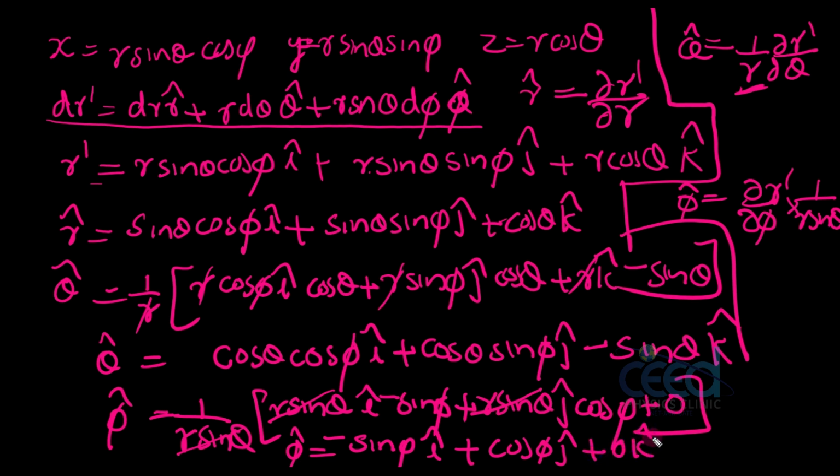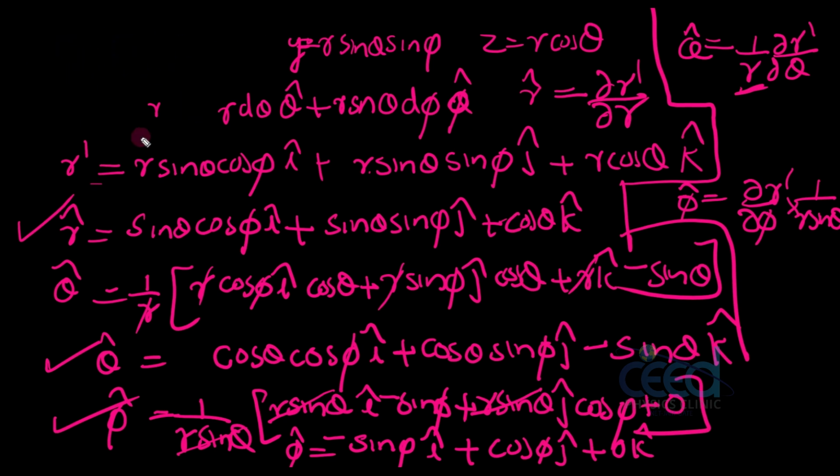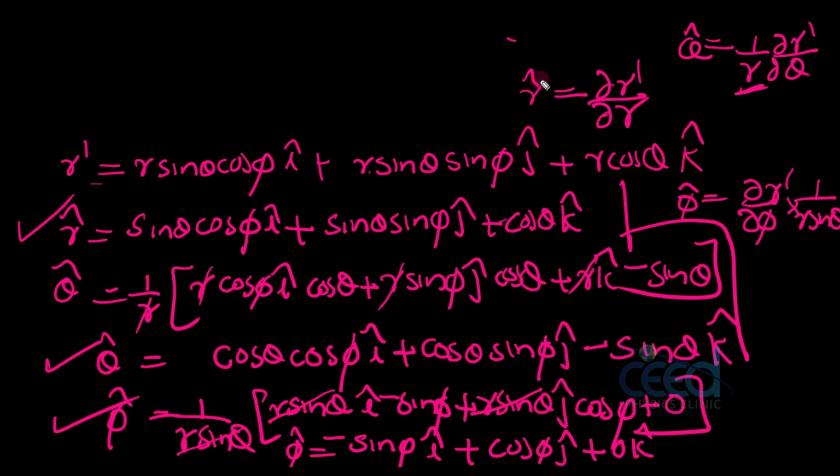Now we have the r̂ expression, the θ̂ representation and the φ̂ representation, so I can represent all together in a matrix. Let us erase what I have written earlier.